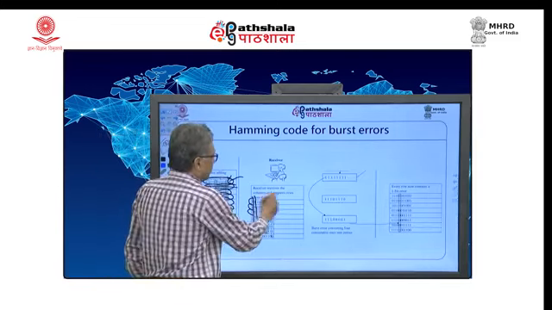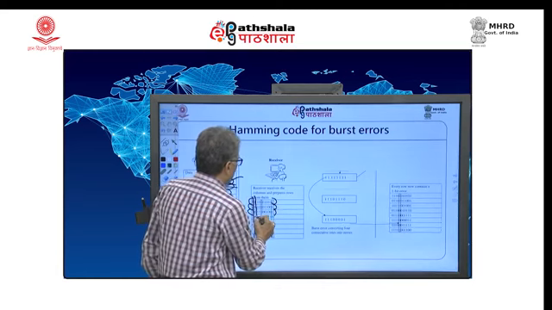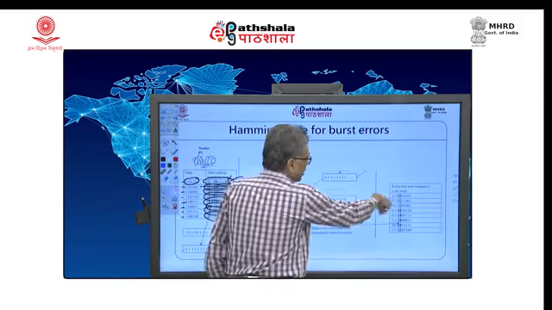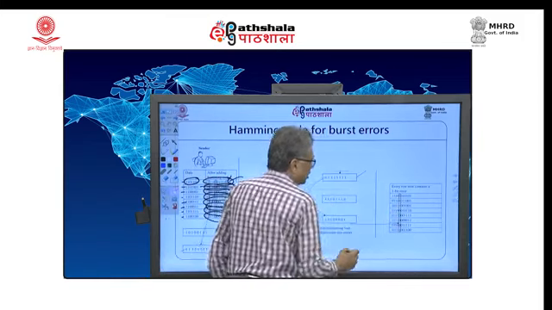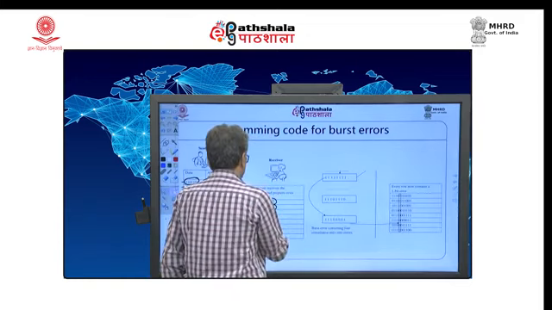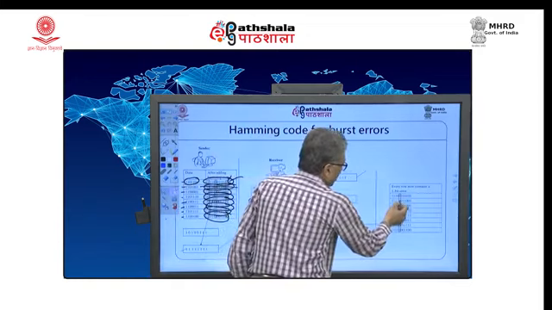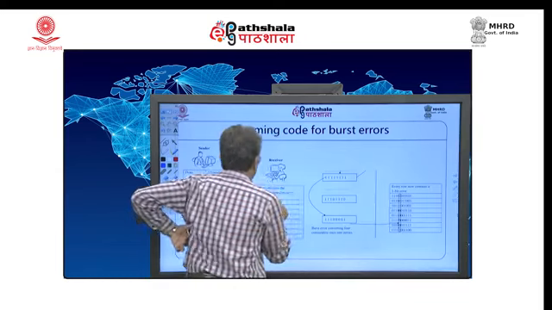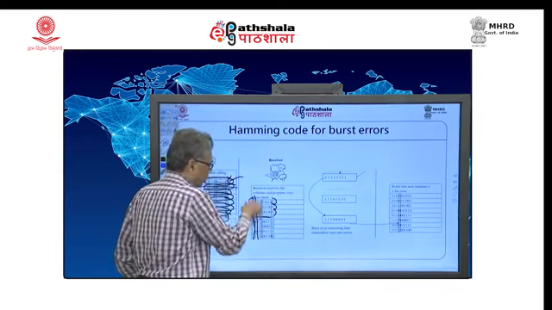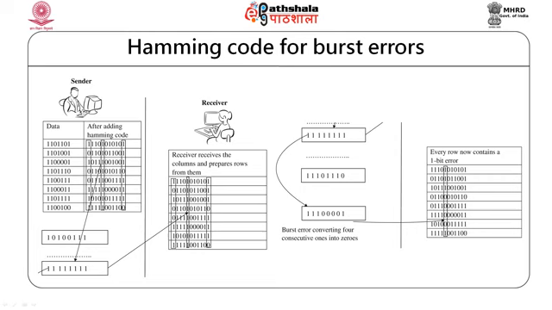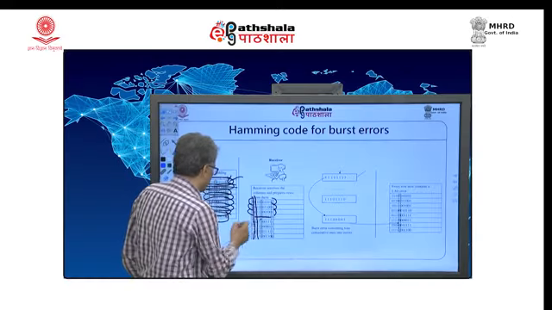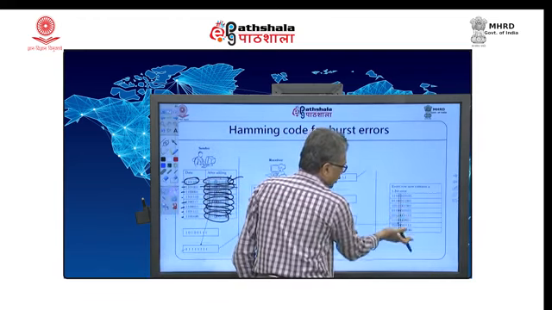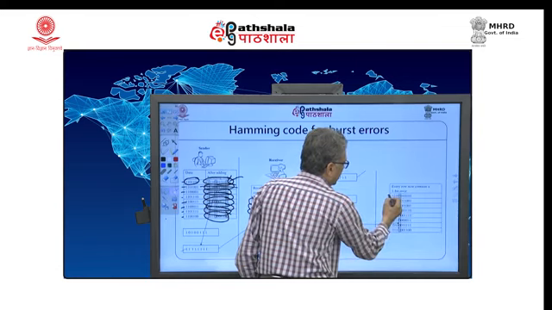If there is an error somewhere, suppose this particular byte has a burst error, the receiver is again adding them and looking. When these columns are sent one after the other and there is some error somewhere, that error is reflected as a 1 bit error in multiple rows.